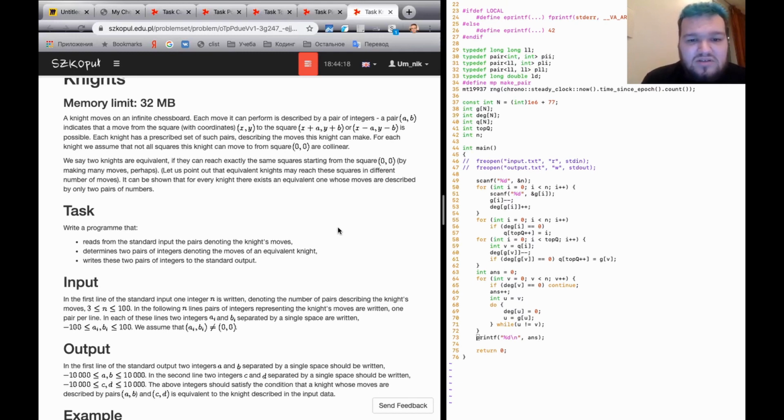in this problem we have some infinite chessboard. It's two-dimensional, and we have some interesting figure which has some number of moves.